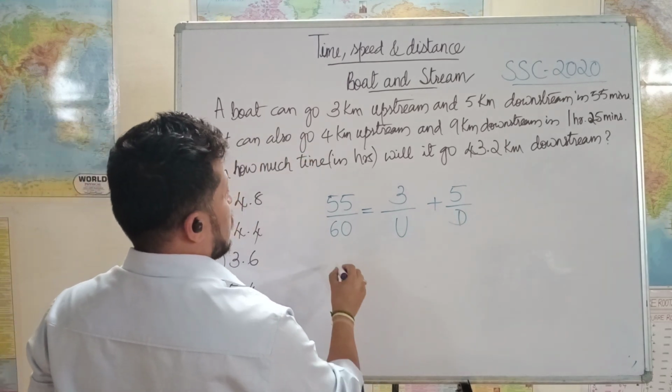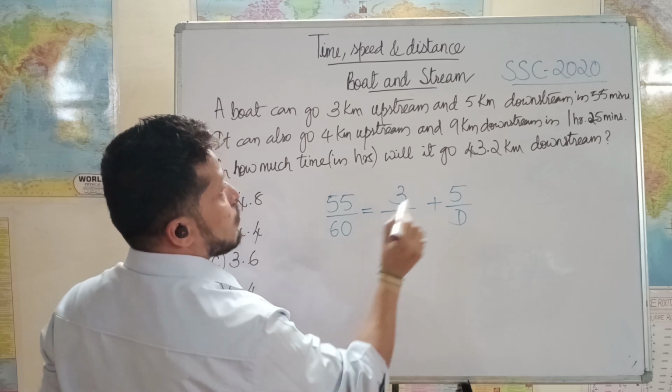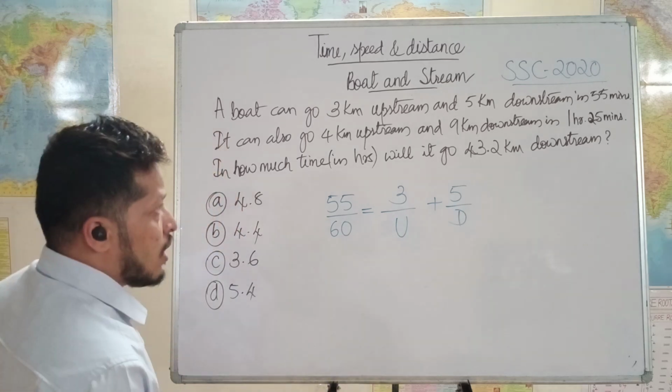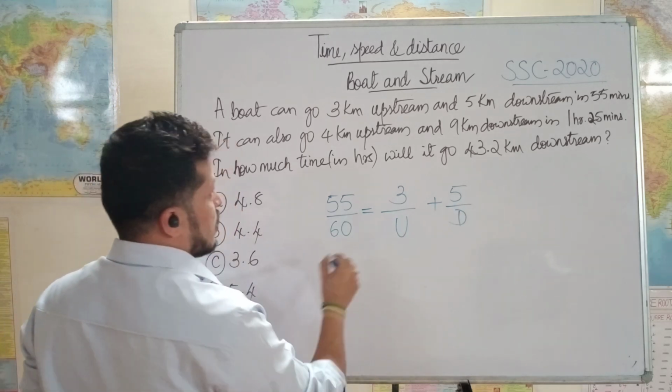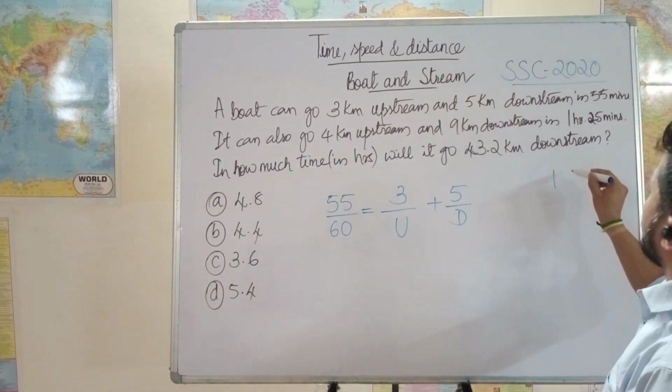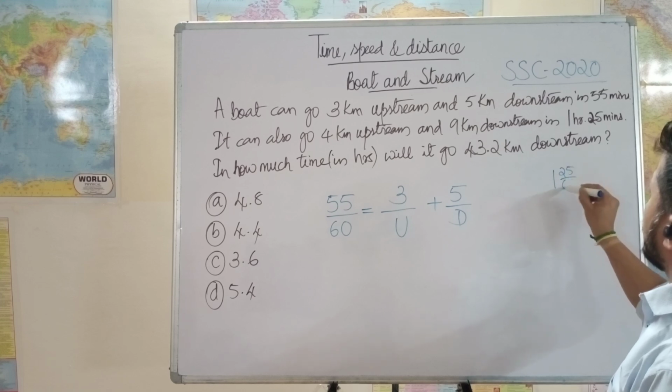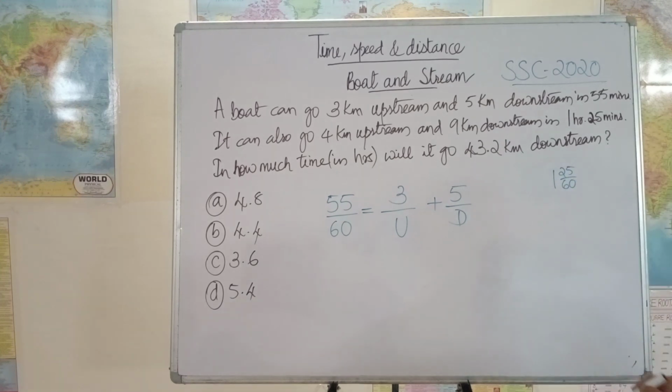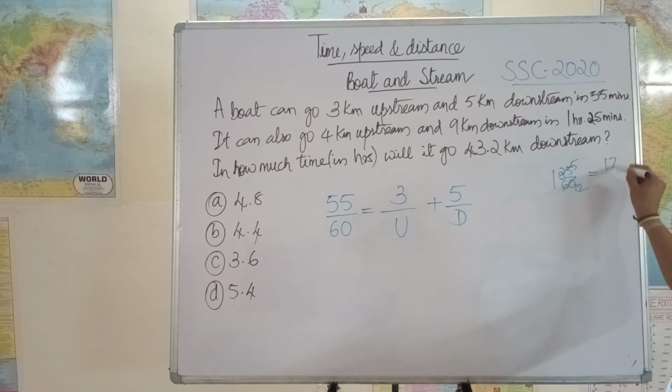In the second equation it is 1 hour 25 minutes. How can I write 1 hour 25 minutes? 25 minutes I can write as 25 by 60, right? So 5 fives are 25, 5 twelves are 60, so 12 plus 5, 17 by 12, correct?